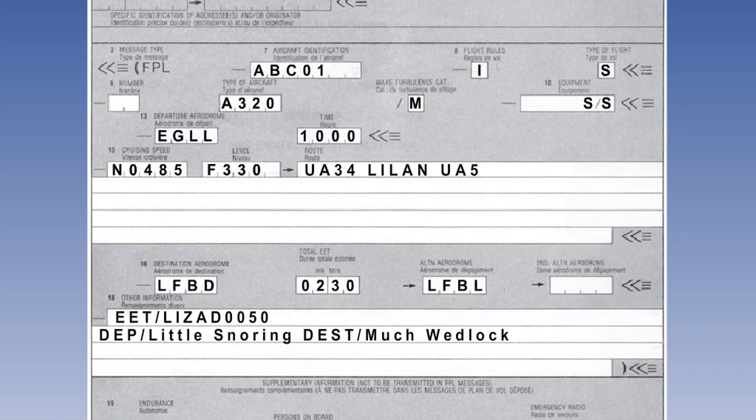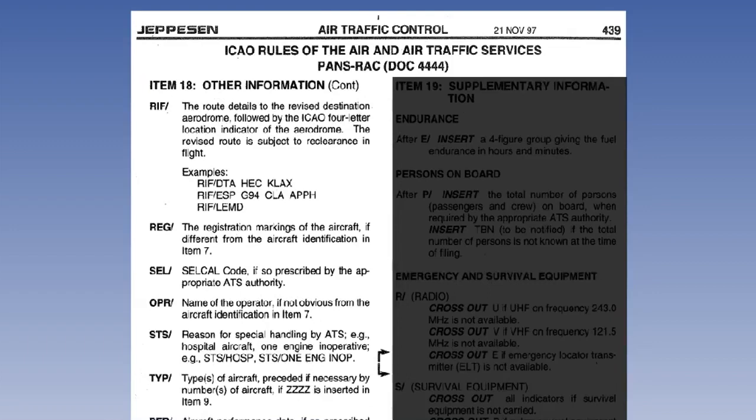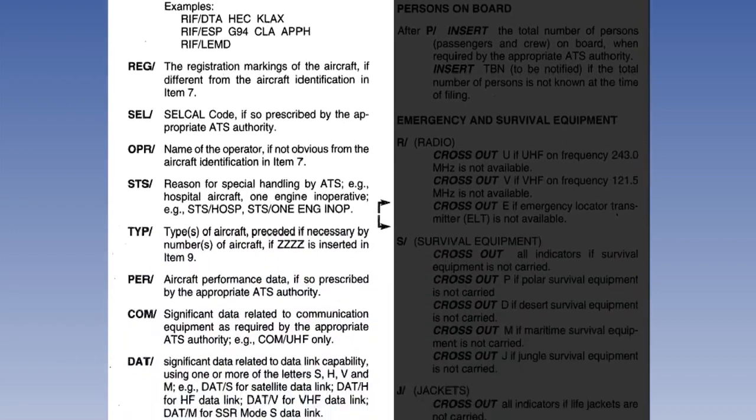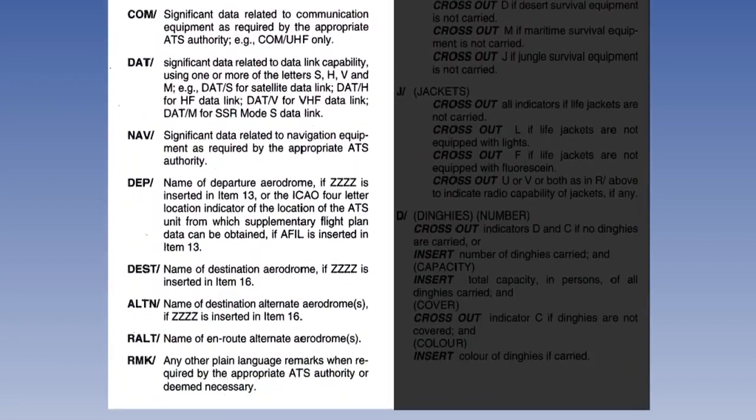As mentioned previously, if either the departure or destination airfields do not have an ICAO designation, the letters ZZZZ are entered in the appropriate boxes 13 or 16. This is entered in Item 18 as shown. Other abbreviations used in Item 18 are shown on page 439.